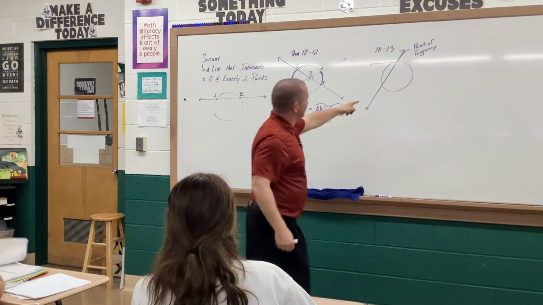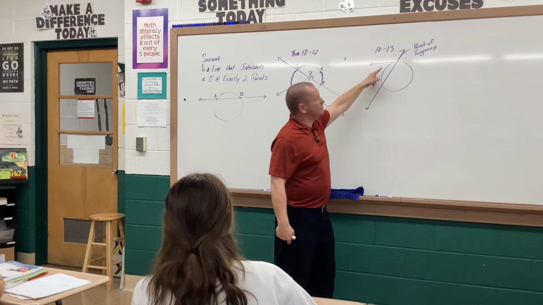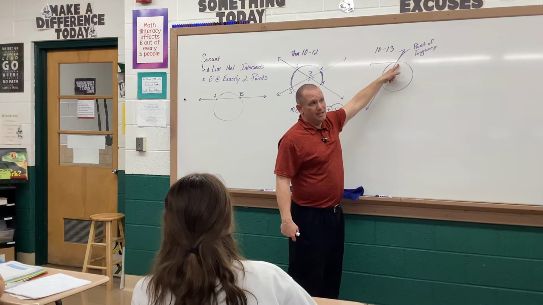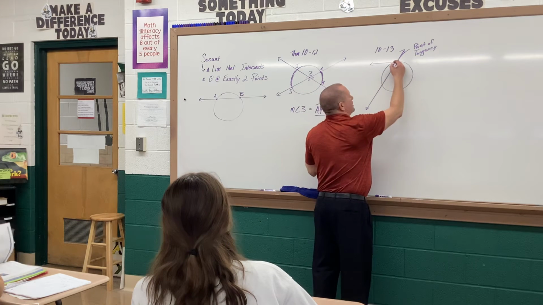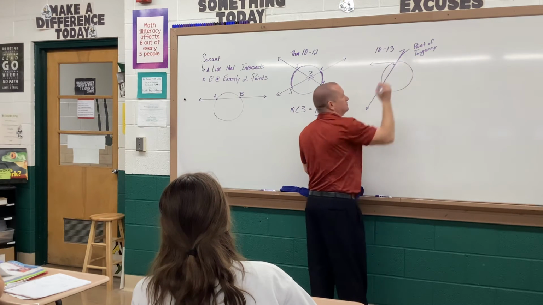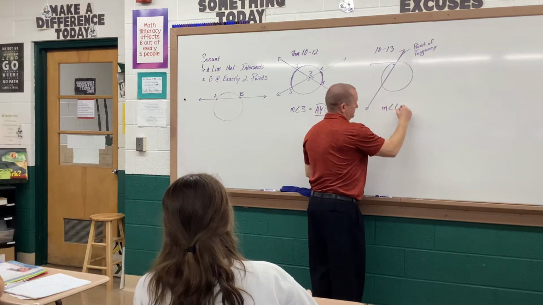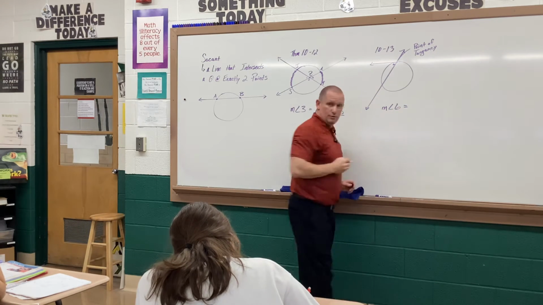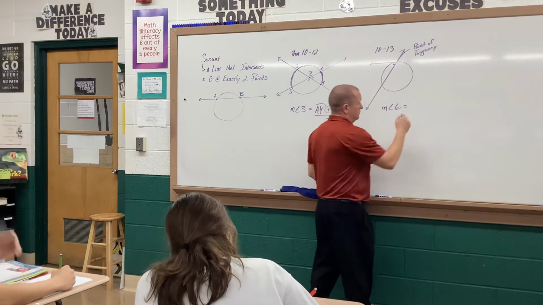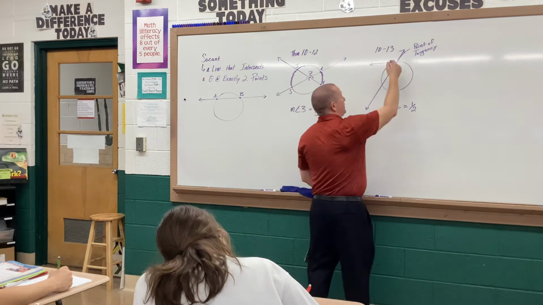If a secant and a tangent intersect at the point of tangency, the measure of the angle formed, so I'm talking about this angle right here, let's call it 6. So the measure of angle 6 is, so there's my equal sign, 1/2 the measure of my arc.